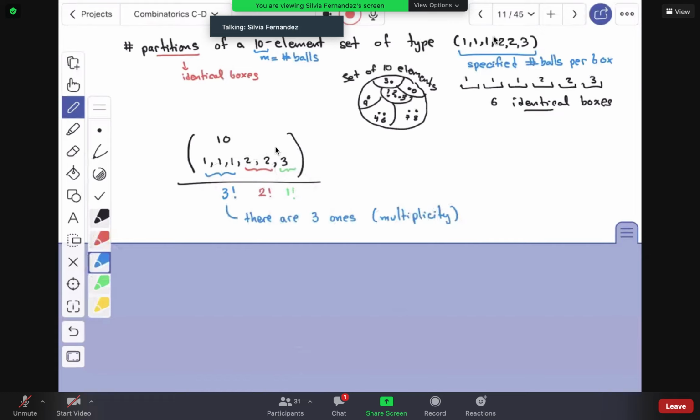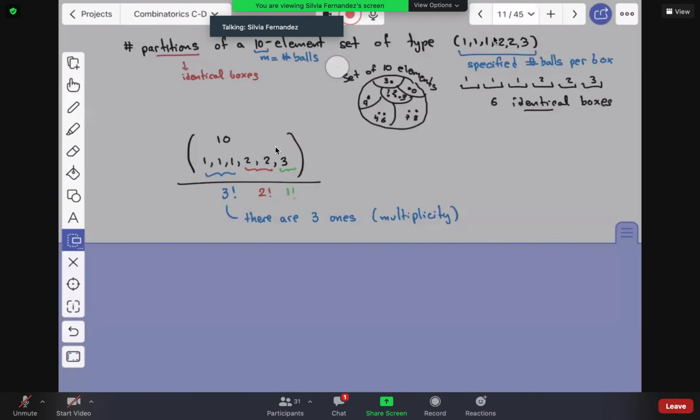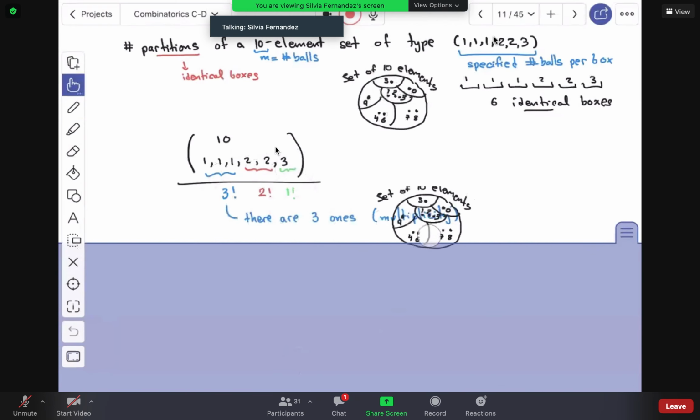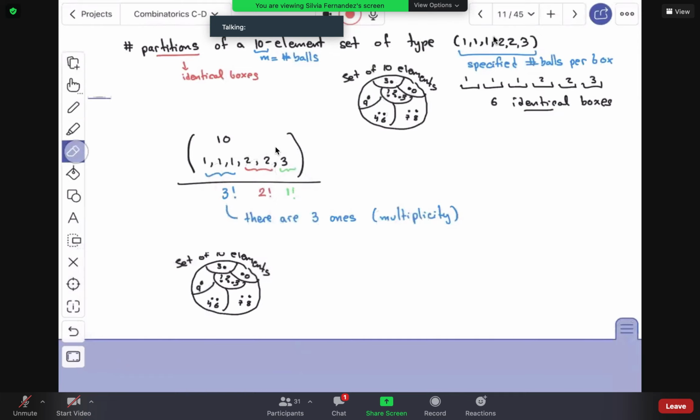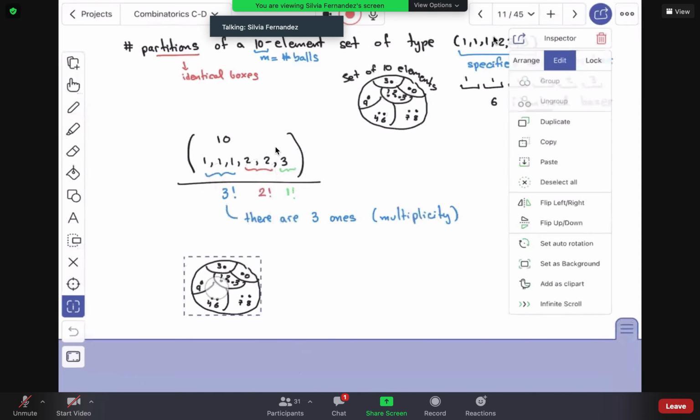In other words, the reason why I'm dividing by 3 factorial is because of this partition, this example that I gave you here. I know that the numbers are tiny, so let me duplicate it.